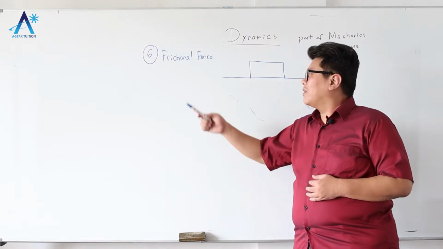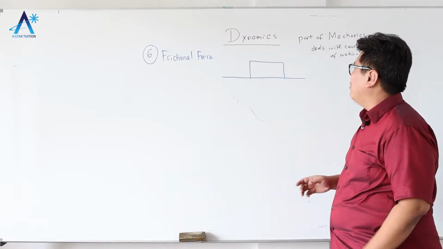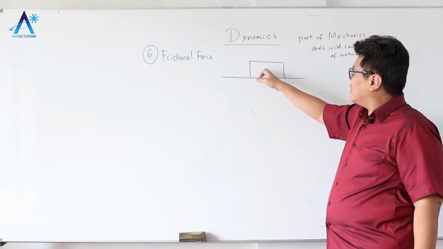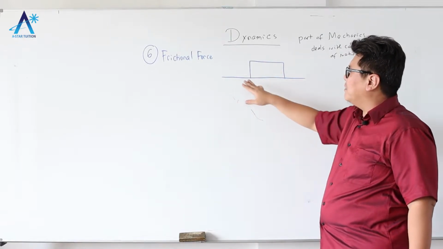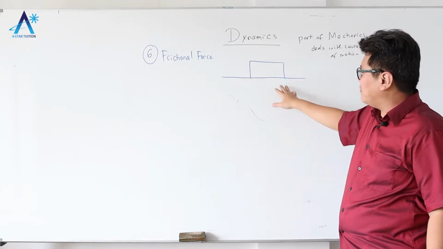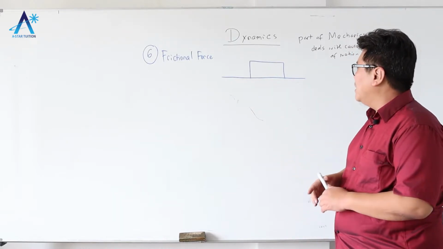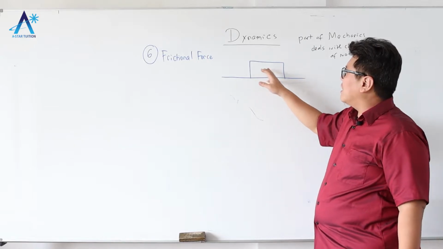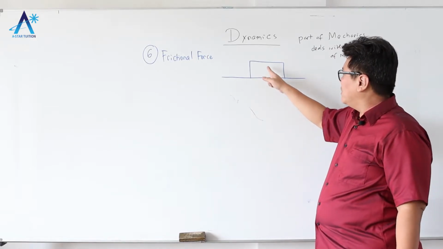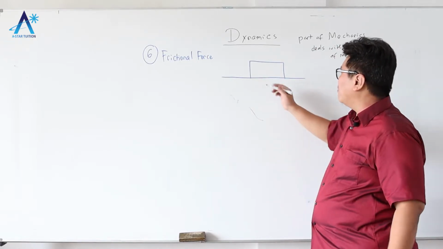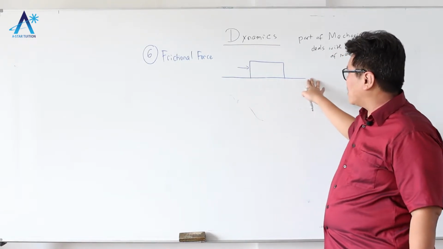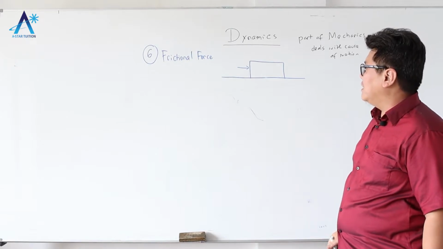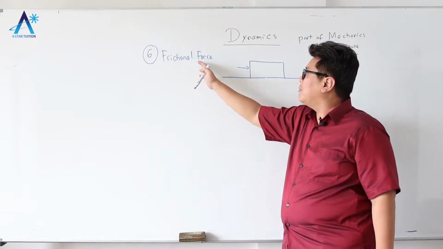Last, let's talk about frictional force. When you have an object, let's say you put the object on top of a floor. If the floor is rough, it has a rough surface, then when there is a relative motion between the object and the floor, let's say that someone is trying to push it so that the object will slide across the floor, then frictional force will come into existence.